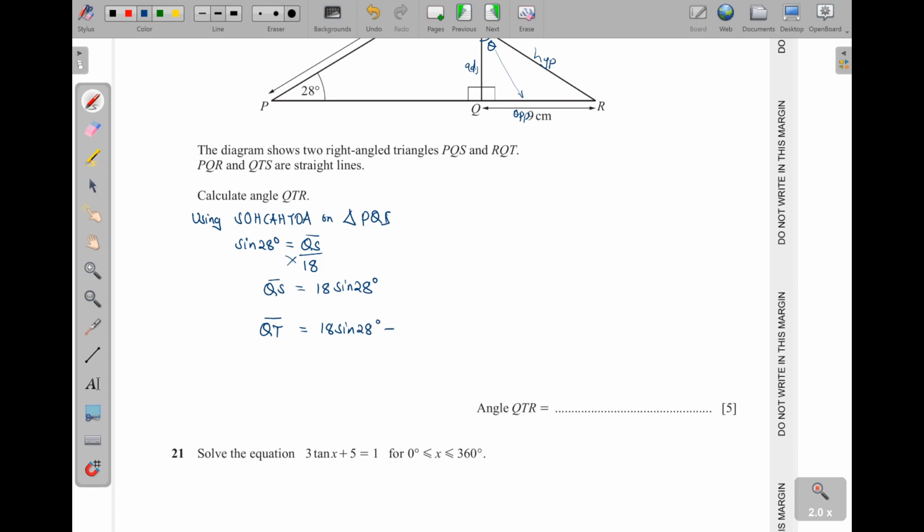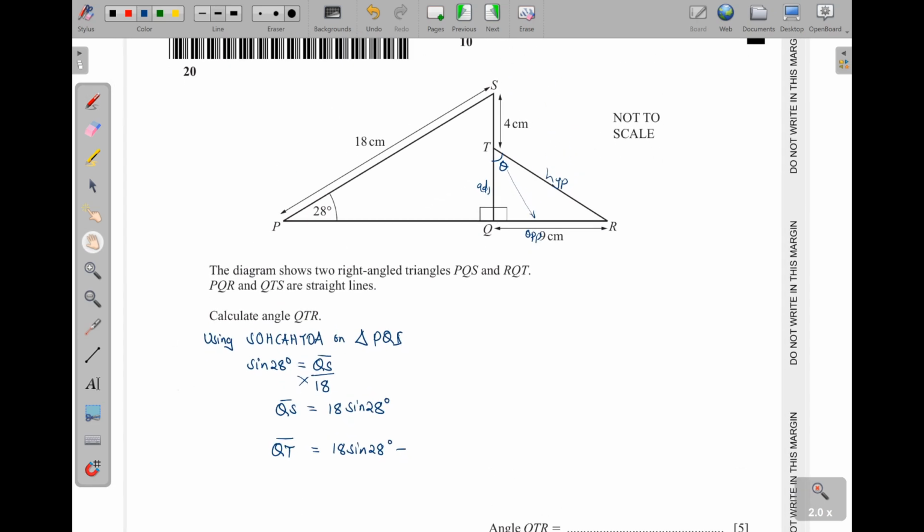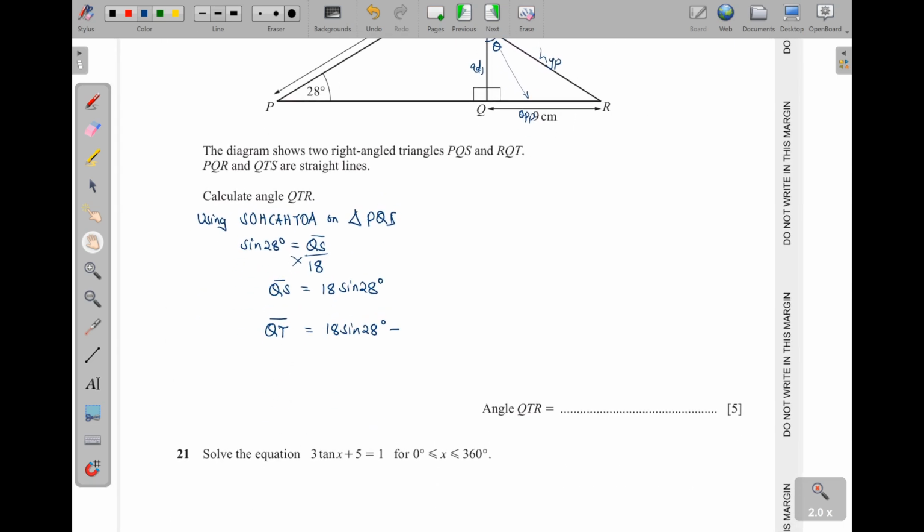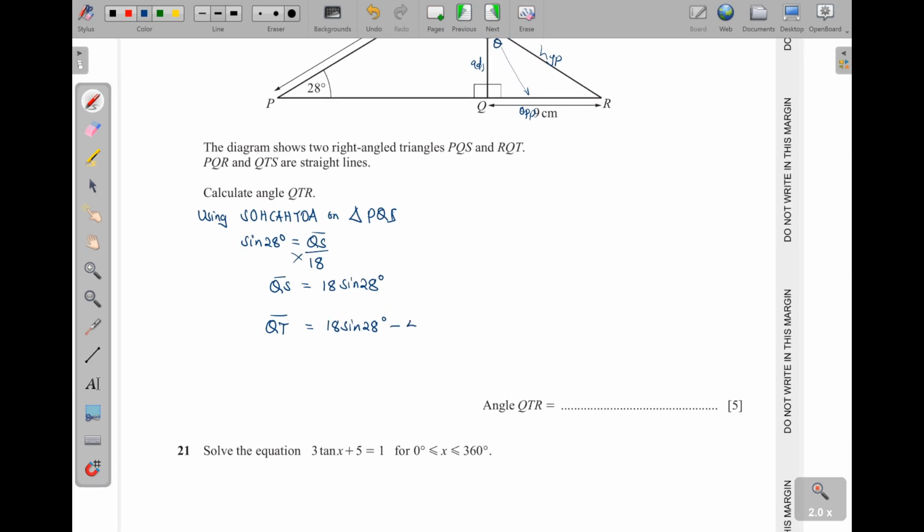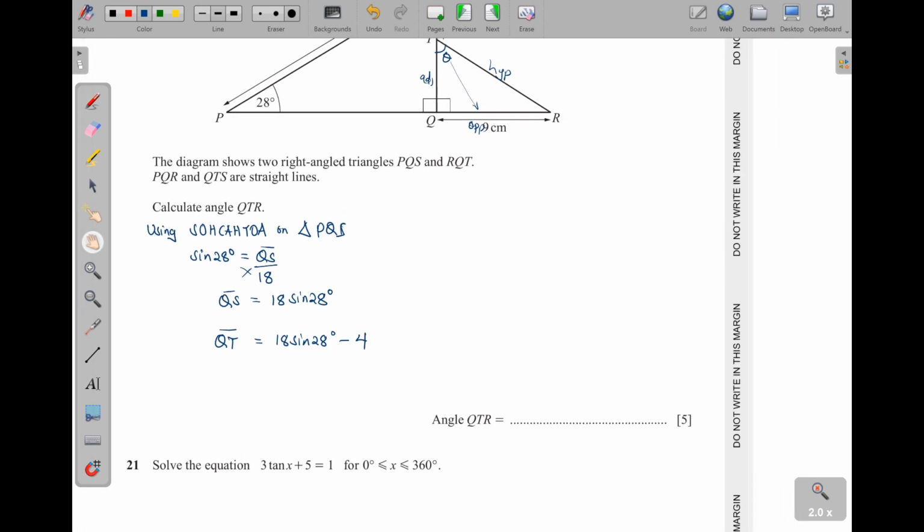Then I subtract, is it a 4? Yes, 4. The ST is 4. So subtract 4 here. Then we are now going to use SOHCAHTOA again, but now on which triangle? On triangle QRT.